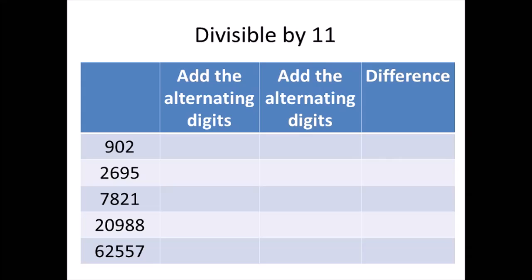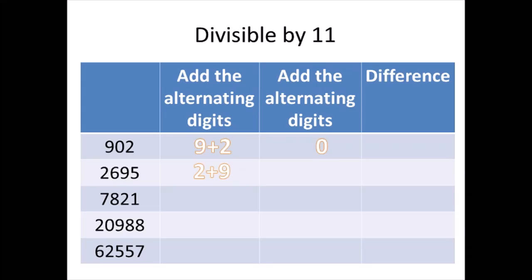Divisibility by 11. Here's the technique. Add the alternating digits. If you start with 9 here, we have 9 followed by 2, and the other alternating digit is only 0. So what is the difference of the two?